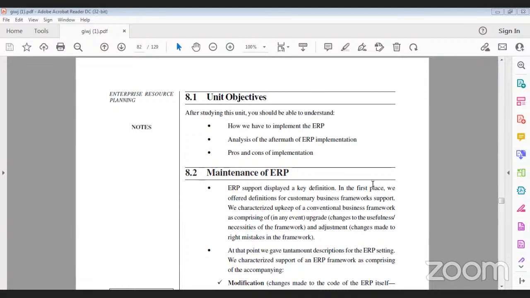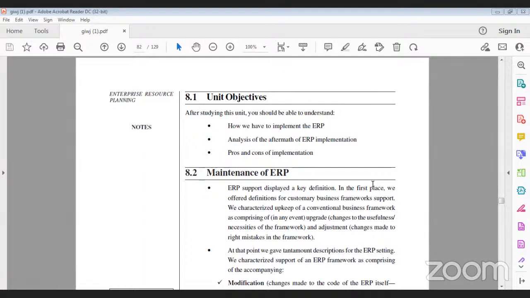ERP support is displayed here. The key definition: in the first place, we offer definitions of customary business and then framework support. We characterize maintenance of a conventional business framework as comprising, at any event, upgrades, changes for functionality, the necessities of the framework, and adaptation.